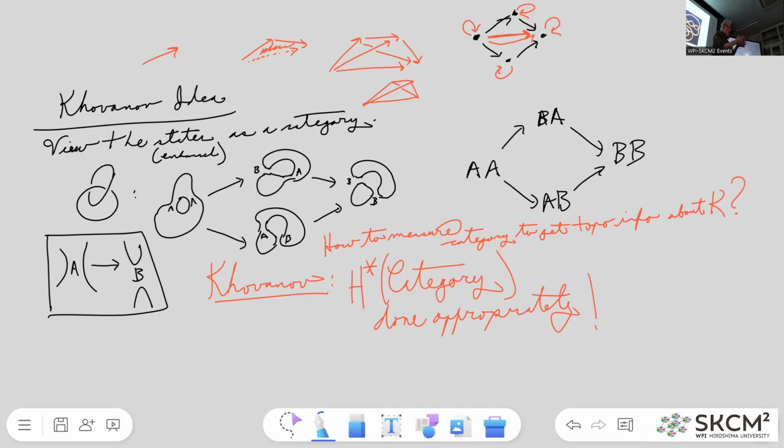The single arrows are one simplices, two arrow compositions are two simplices, three arrow compositions are three simplices, and on it goes, giving you a big space, and they're all pasted together in a certain way. And that is how you can think of the category as some kind of big space, and then you can measure the properties of that space. And that's what's meant by homology, a way of measuring the way simplices and things like that fit together.